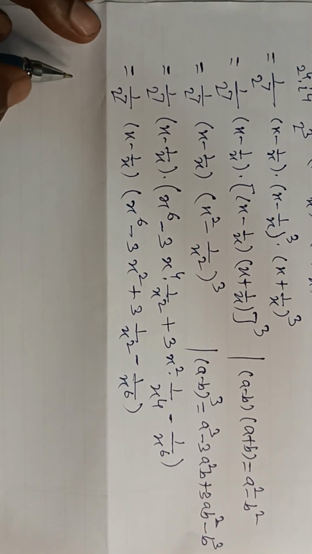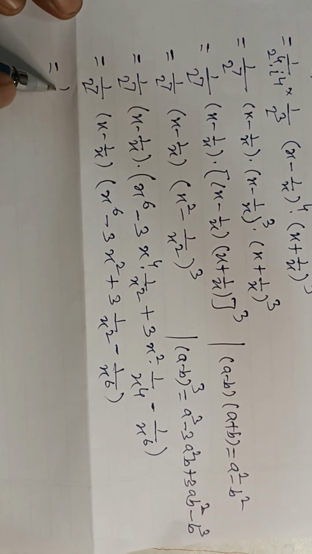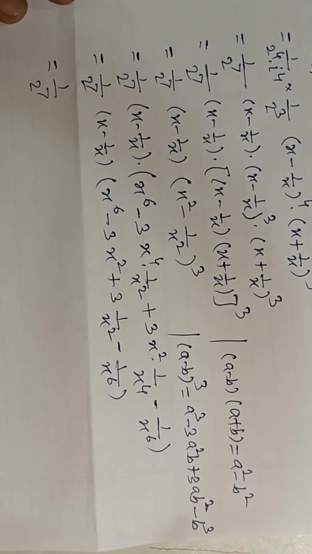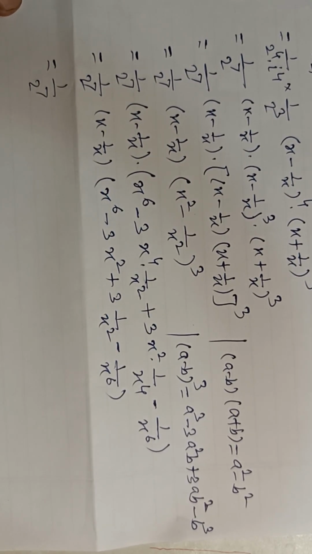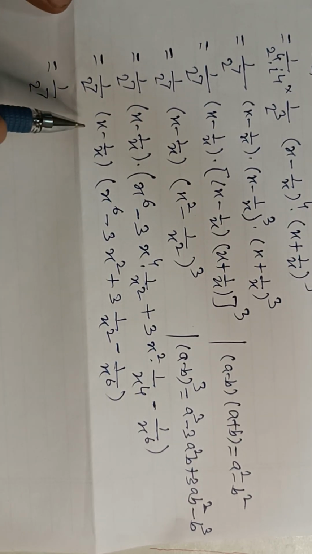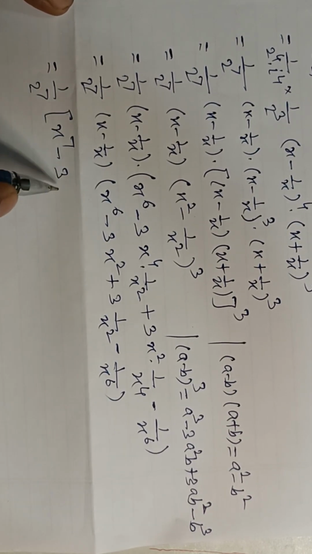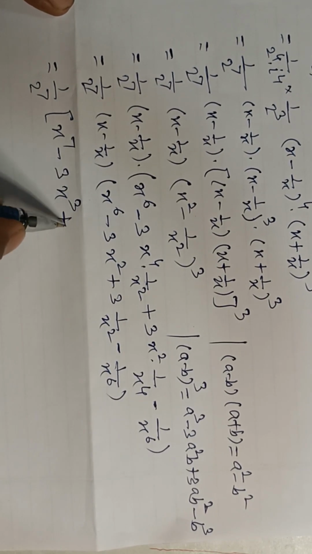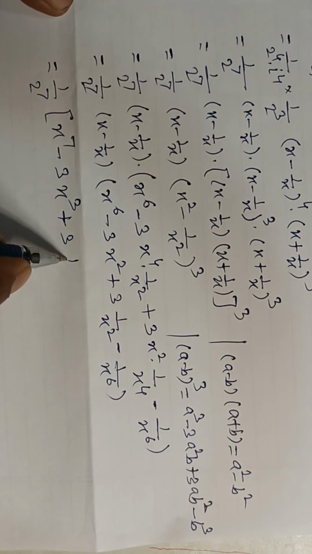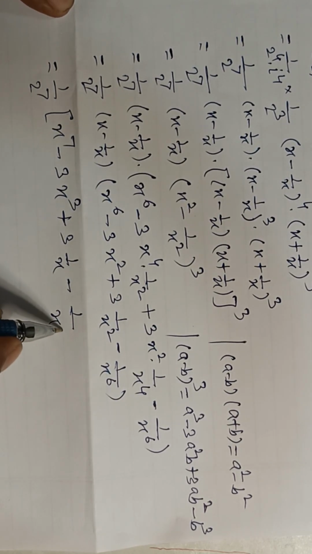So this is equal to 1 upon 2 to the power 7, x into this bracket: x into x to the power 6, that is x raised to 7, minus 3 times x cube, plus 3 times x upon x square, that is 1 upon x, minus 1 upon x to the power 5.